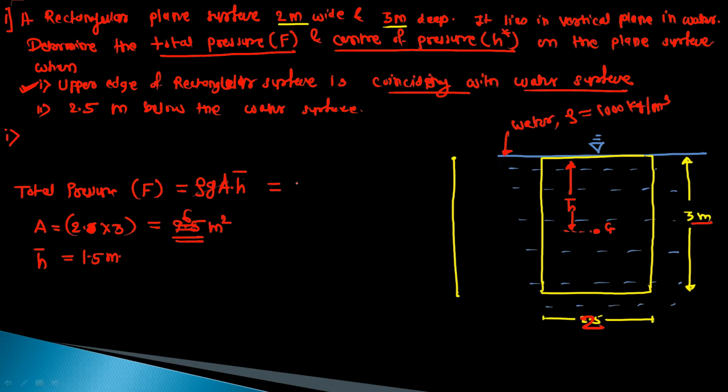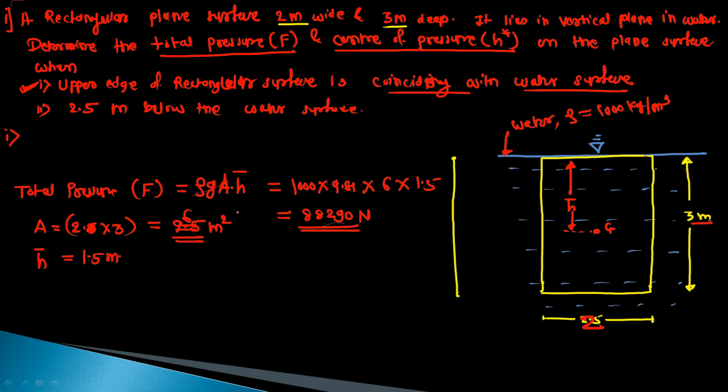So rho is 1000 into g is 9.81 into area is 6 and h bar value is 1.5. If you calculate this value, it is equal to 88,290 Newton. Okay, so this is the total pressure for the first condition.